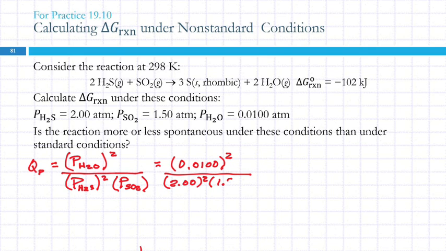And the SO2 1.50. So Q's 1.67 times 10 to the negative 5.